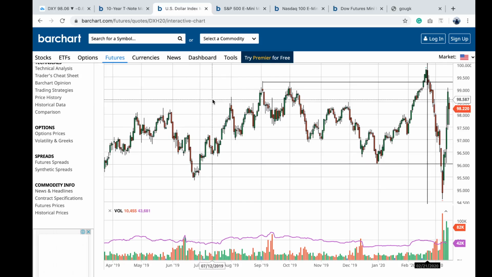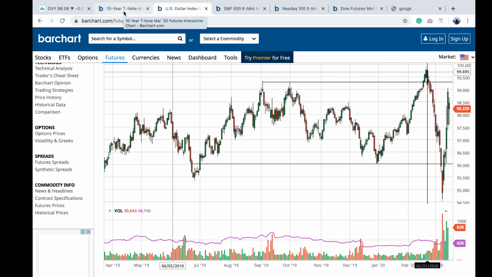The dollar and 10-year treasury notes are not meant to move in the same direction, but now they're moving in the same direction. So that tells you that there's a stalemate of investment between the treasury notes and the dollar, indicated by yield or interest rates. So this basically means that you can anticipate a range in the market.